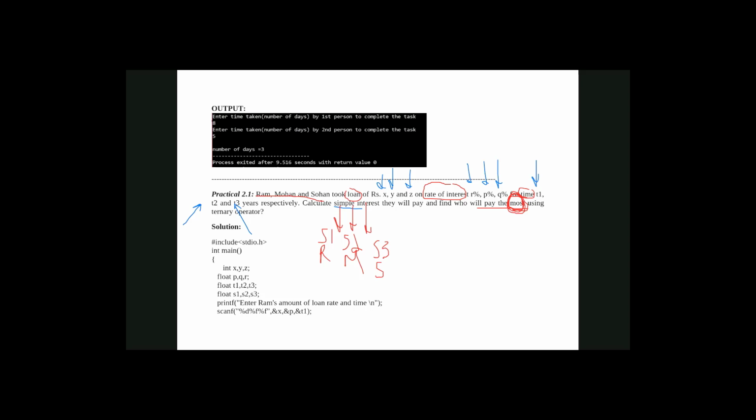So now we have the condition. In which case can I say that Ram is paying the most simple interest? How can I say that Ram is paying the most simple interest?